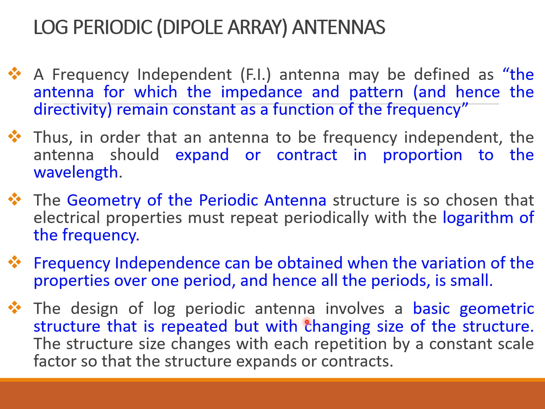The reason is that a log periodic antenna involves a basic geometric structure that is repeated but with changing size of the structure. The structure changes with each repetition by a constant scale factor, so the structure expands or contracts.